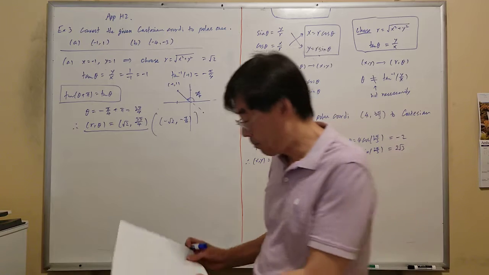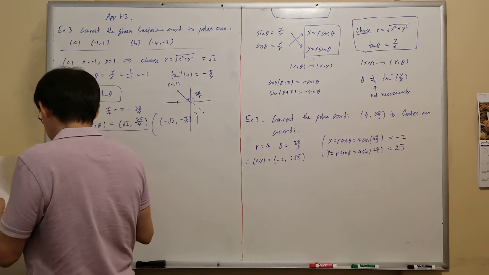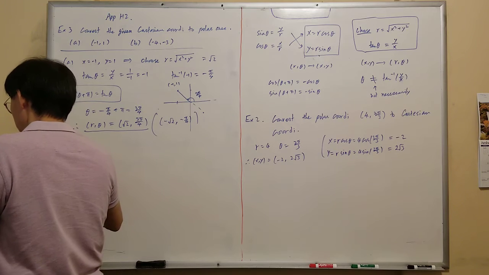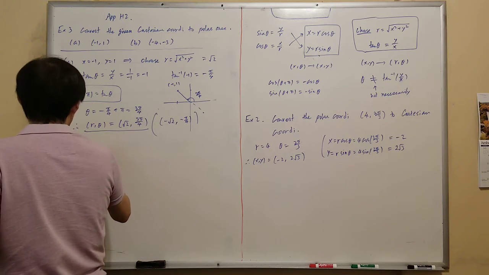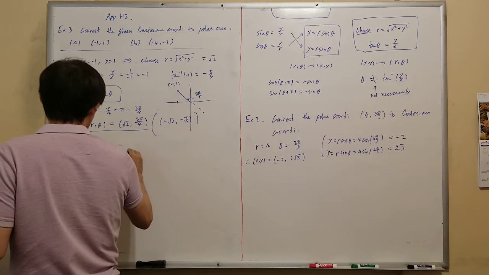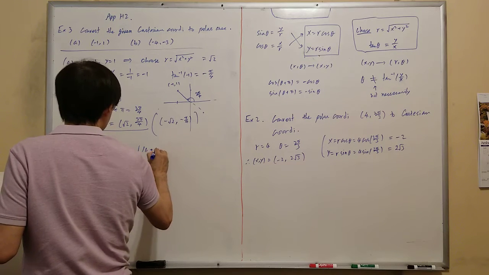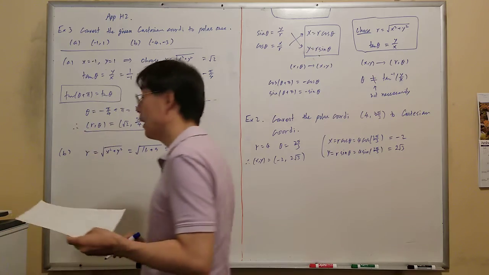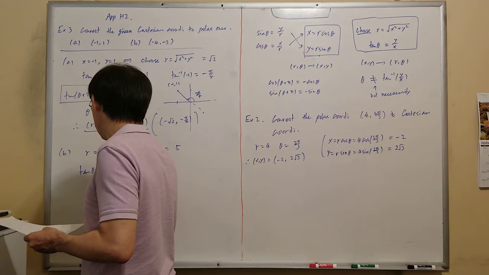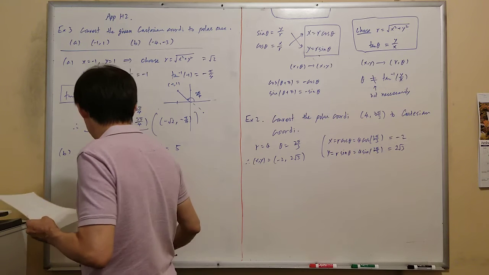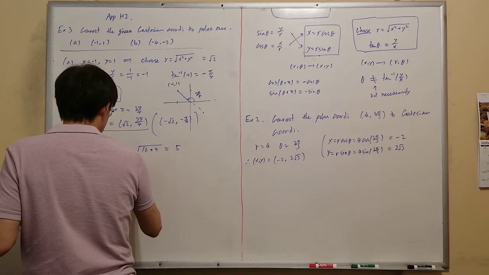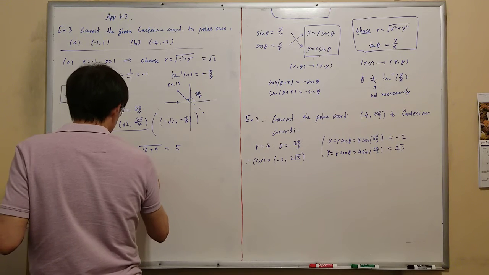What about b? Again, we choose r to be the square root of x squared plus y squared. 16 plus 9, 25, so 5. Again, tangent theta equals y over x. It's negative 3 over negative 4, 3 over 4.